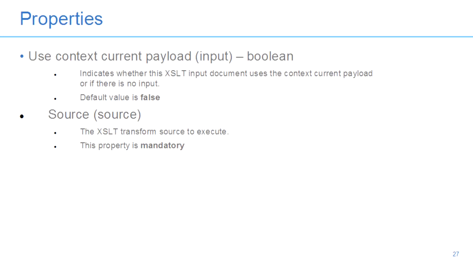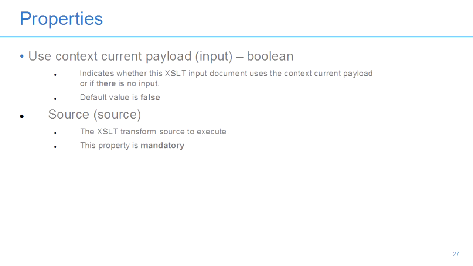There are two properties for this. One is an input property, which defines whether you're going to use the current context payload. So whatever's on the wire is going to be passed into that XSLT to be processed, and that's just a Boolean set to true or false.